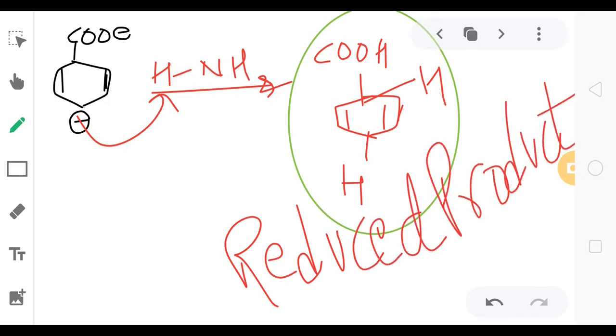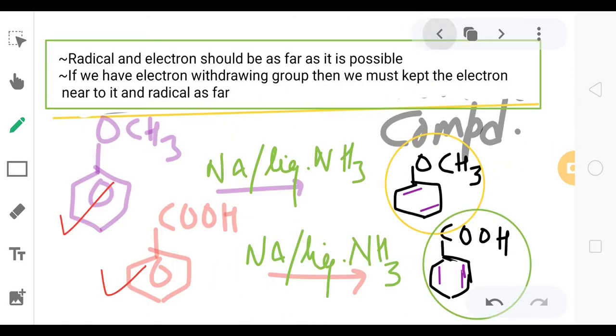So this whole mechanism can be understood in a very short trick way that I had told you earlier. Like if you have electron withdrawing group in your ring, then you have to place the double bonds in this manner.